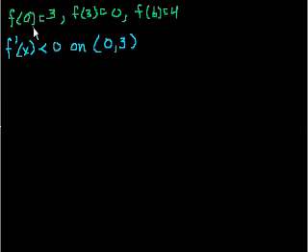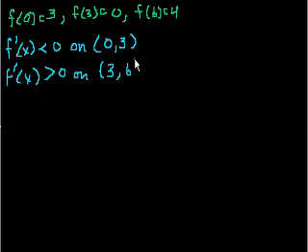And they also tell us that the derivative is greater than 0 on the open interval from 3 to 6. So we can already guess that if we're less than 0 as we approach 3, and greater than 0 as we go away from 3, the derivative must be 0 at 3. That's the intuition, although they don't tell us that for sure. But I'm assuming that this function is continuous and differentiable over all of the intervals because they don't tell us otherwise.